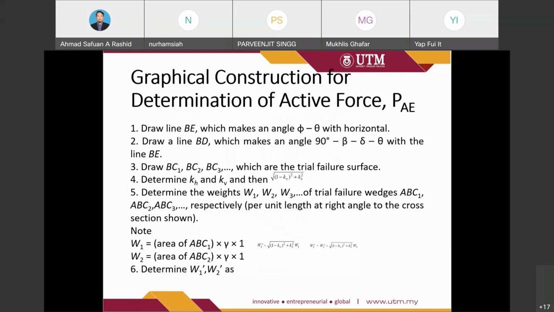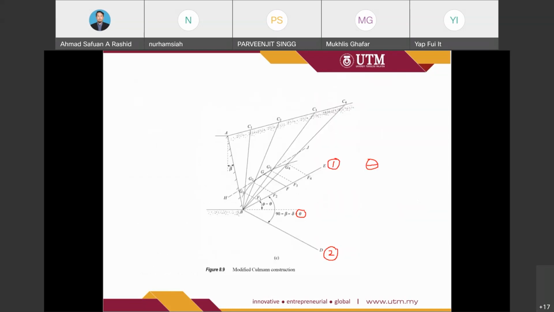Draw BC1, BC2, BC3, which are the trial failure surfaces. So the next step is to get the trial failure surfaces. For example, we may use the same distance, or a constant value.